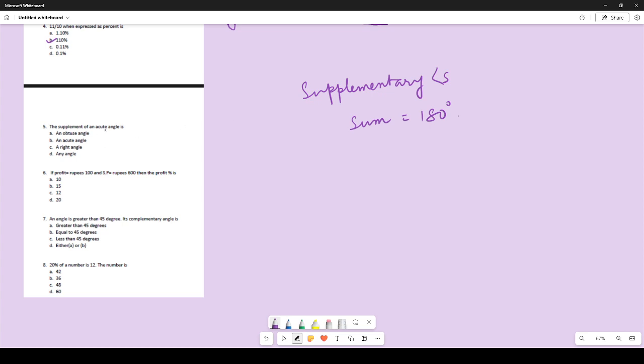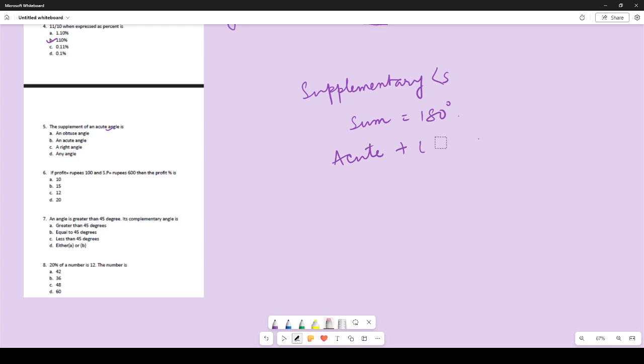Now you see, if it is an acute angle, then two acute angles will not be able to make a supplementary angle. So an acute plus an obtuse angle always, sorry, I'm not very adept.